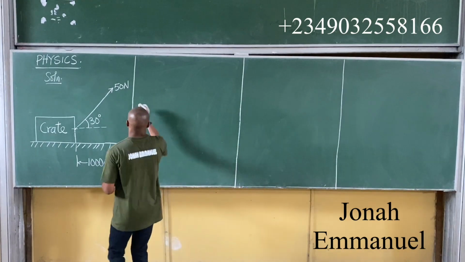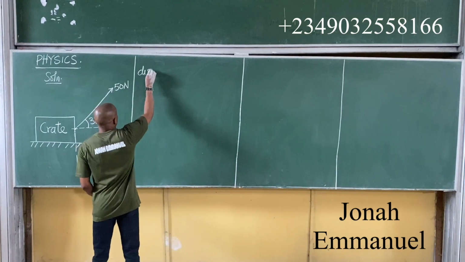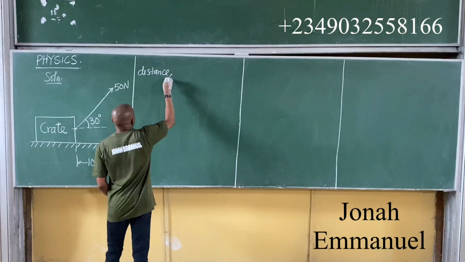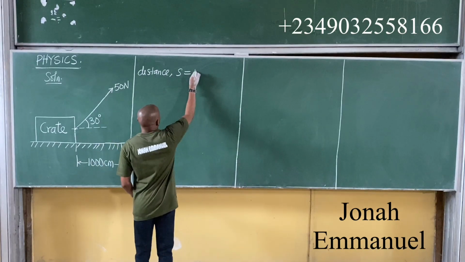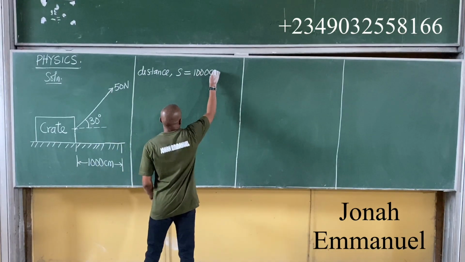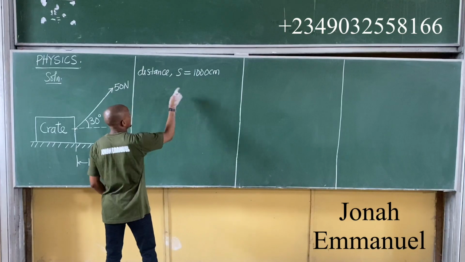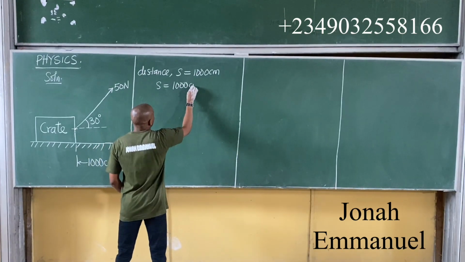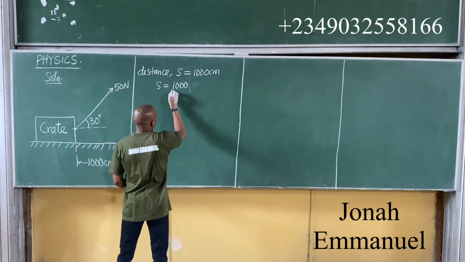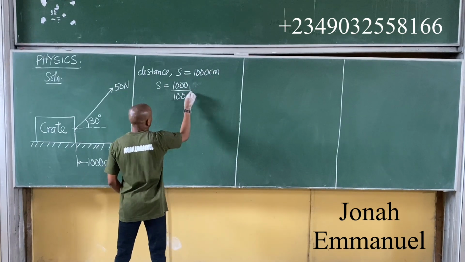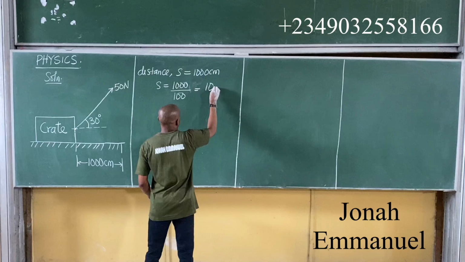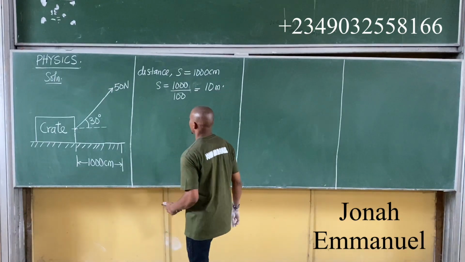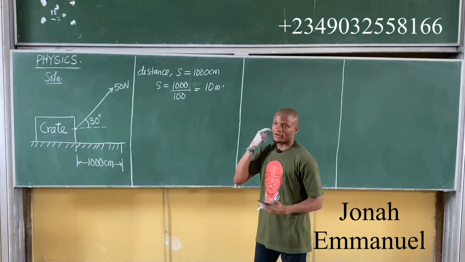So given distance s is equal to 1000 cm, please convert this to meters. Distance equals 1000 over 100. That gives you 10 meters.